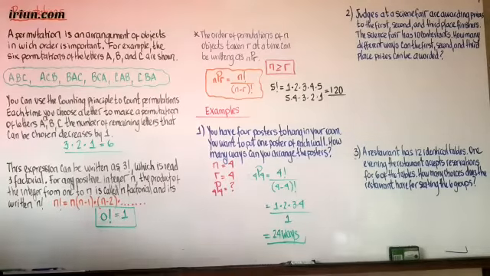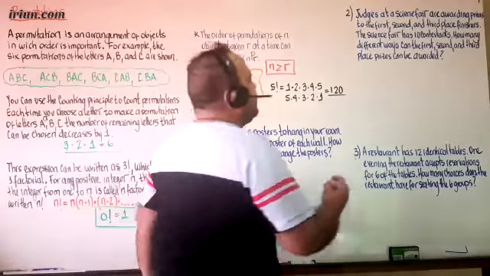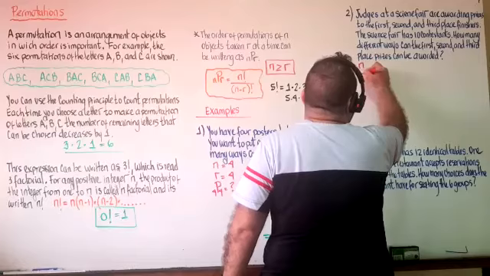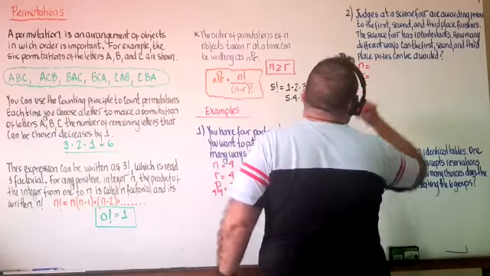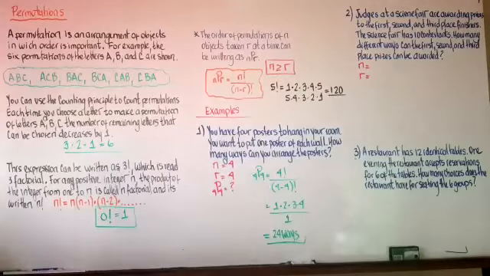So the first thing that we have to do, once again, is identify what the values of n and r will be. Remember, n could be equal to or greater than r. Never, never, never will r be greater than n, because we're always working with positive numbers.